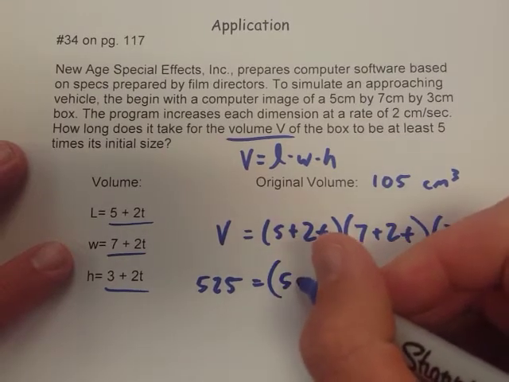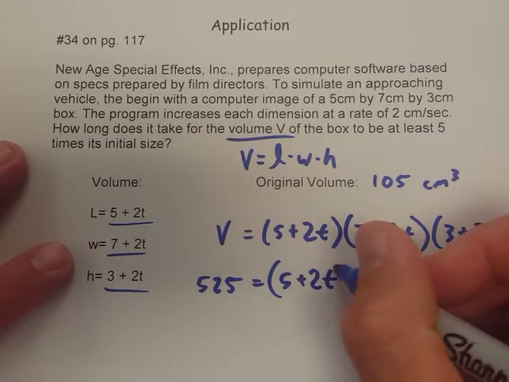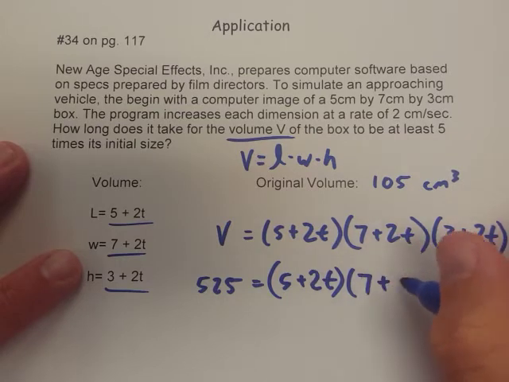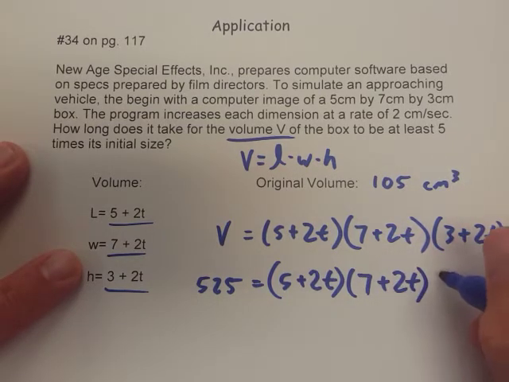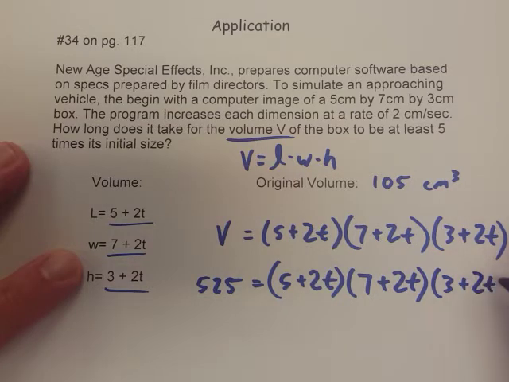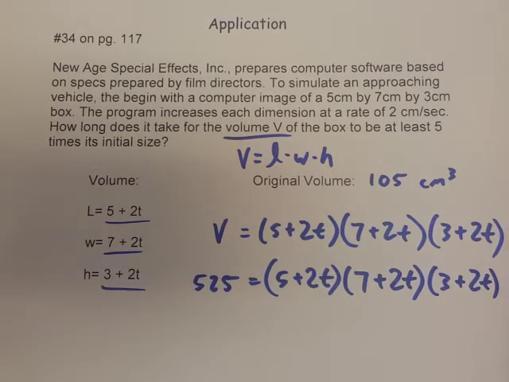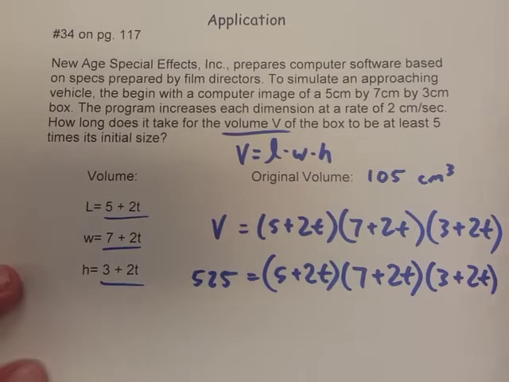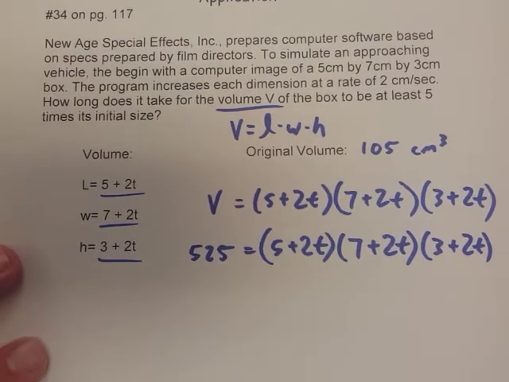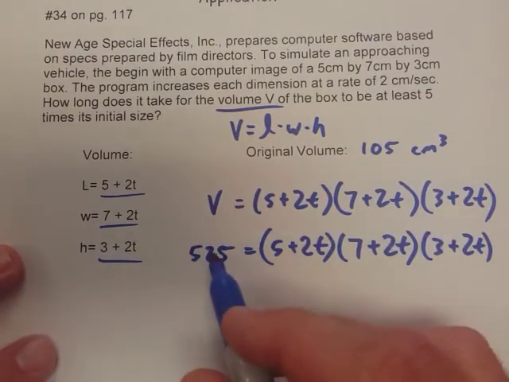We still have all of this. I would not recommend that you FOIL all this out because that'll be a lot of work. It's just not quite worth it for this problem. I'd recommend that we use a graph to solve this. If we're going to use a graph, probably the easiest way is to set this side equal to 0.